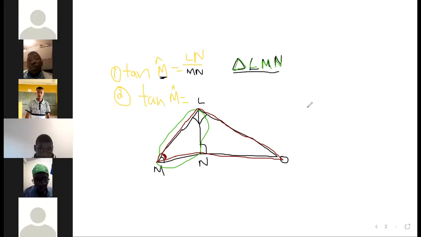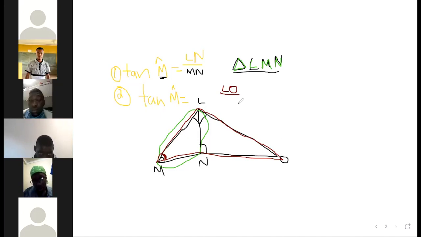Muketwa? I think it's LO. LO, correct. Thank you, Muketwa. So it's going to be LO over... Amkelani? Did you say angle M or angle N? Angle M, right here, this tangent, angle M is which side?